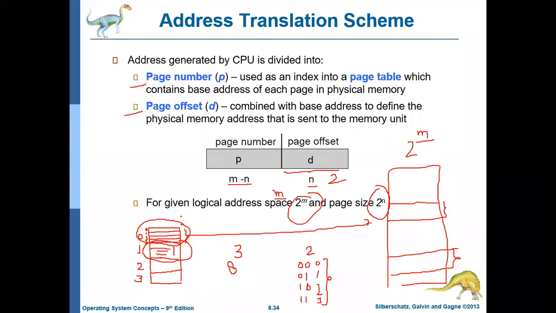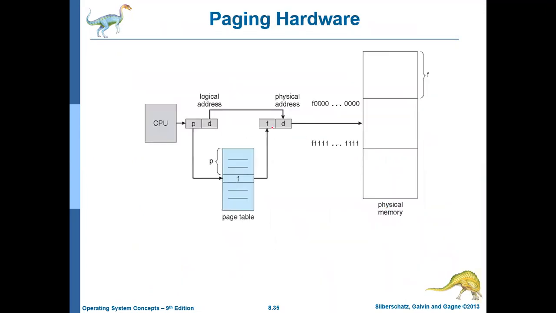Offset will be the same in page or in frame. Only the complete page will be shifted to another location. So we have to convert this logical address into the physical address. This D offset can directly be shifted here. No change will be there.